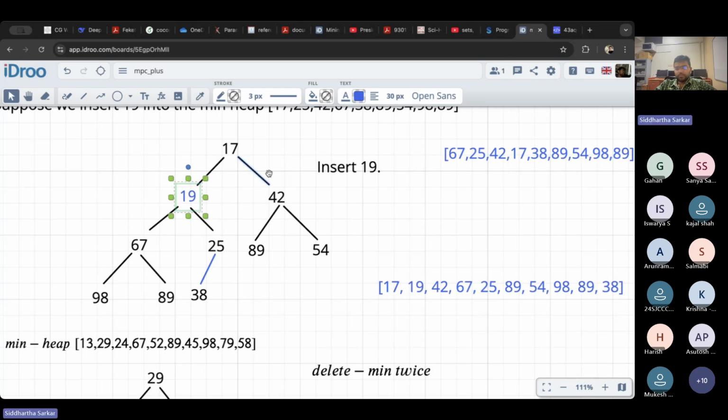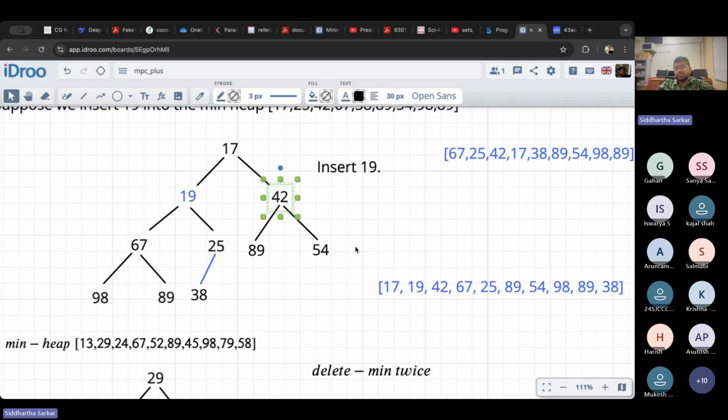At any node, you should be able to verify that the children are larger than that node. That is the min heap property, that the parent is minimum with respect to the children. And if the parent is smaller than the children, then the parent would also be smaller than the grandchildren and the subsequent descendants. That is the min heap property.